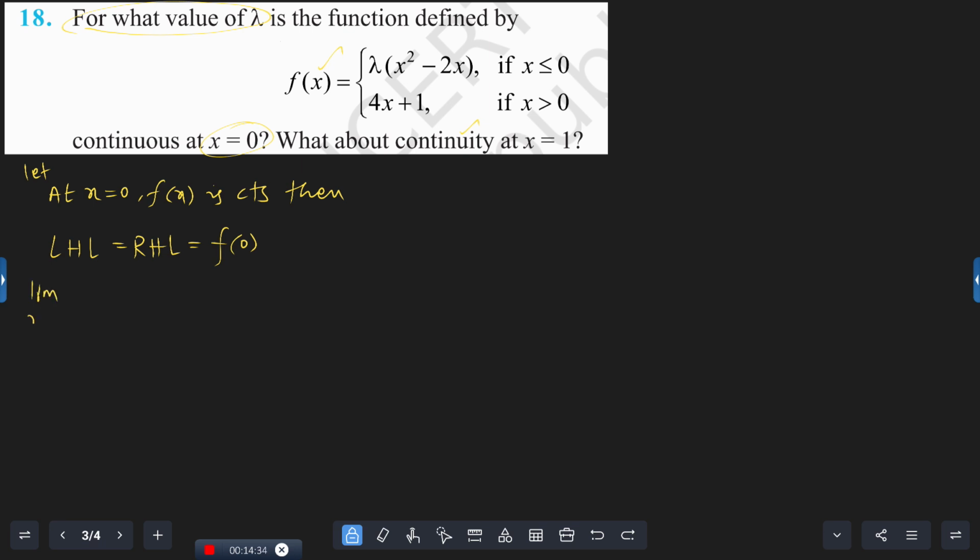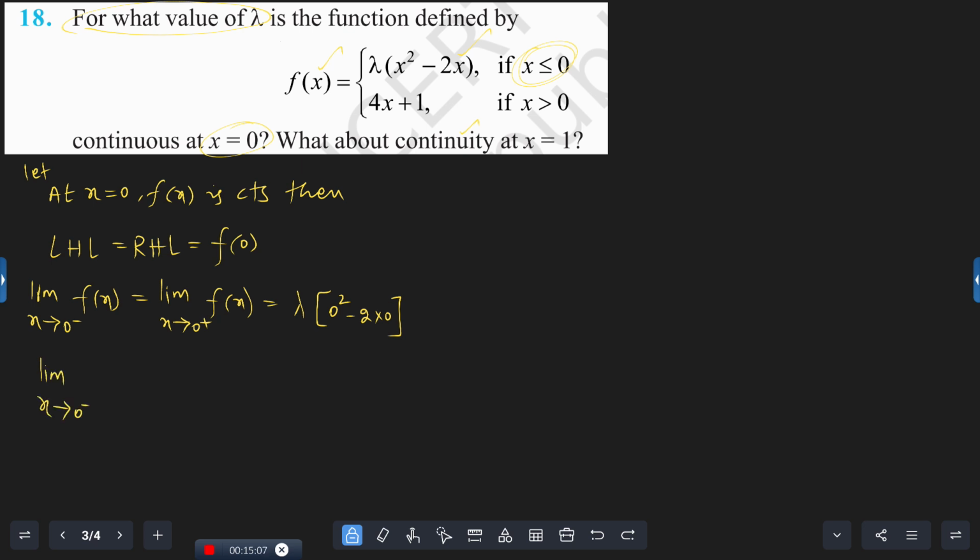So limit x tends to 0 minus f of x, and here limit x tends to 0 plus f of x, and here f of 0. Where x is equal to 0, that function we have to use, means this one: lambda into 0 square minus 2 into 0. Right, here left hand limit, listen, in the sense 0 and below, what function do you choose?